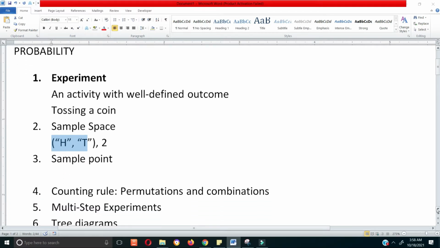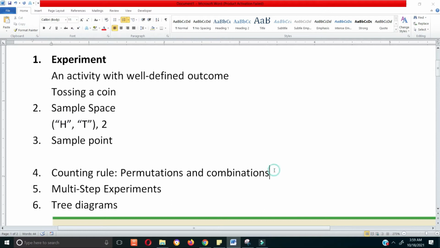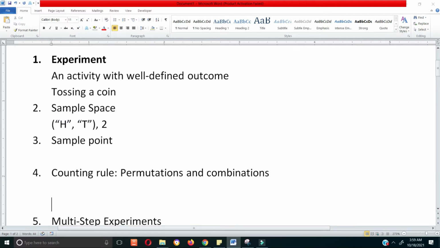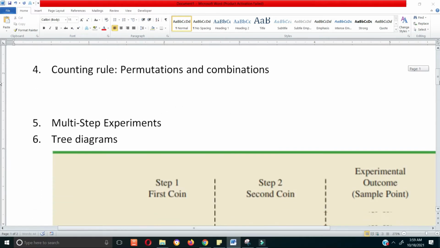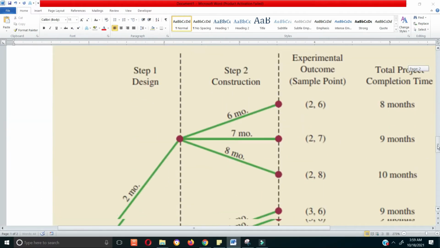Then there are situations in which you have certain types of experiments where you have to deal with permutations and combinations.